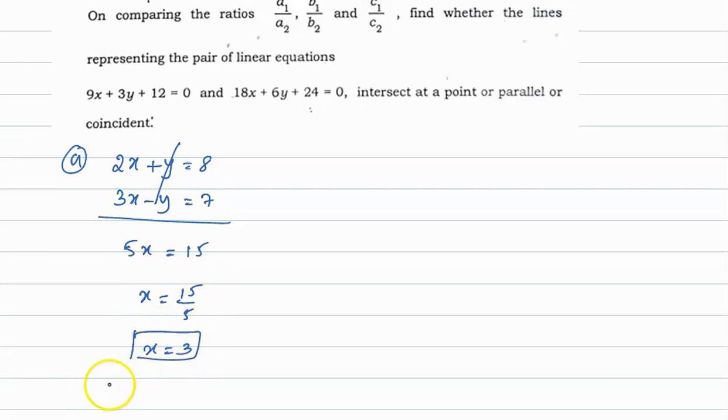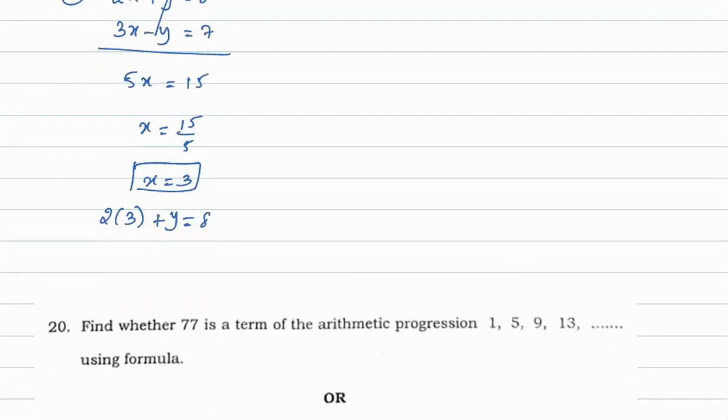Substituting x is equal to 3 in the first equation, 2 into 3 plus y is equal to 8. So y is equal to 8 minus 6, y is equal to 2. So these are the solutions for the first question.